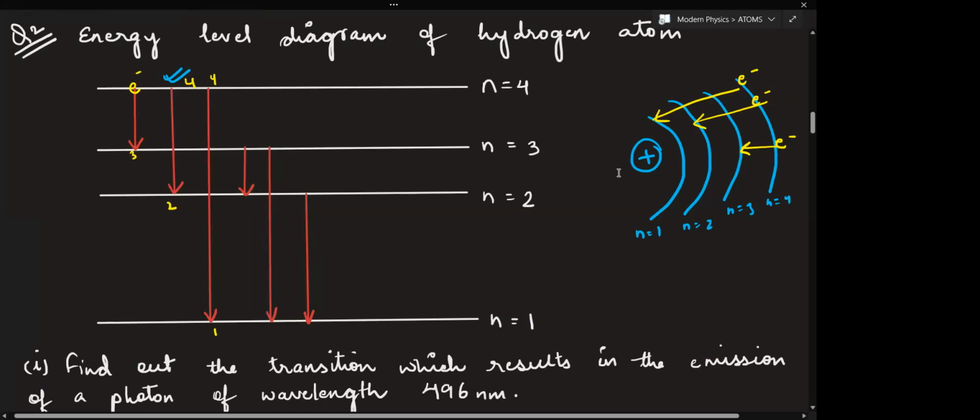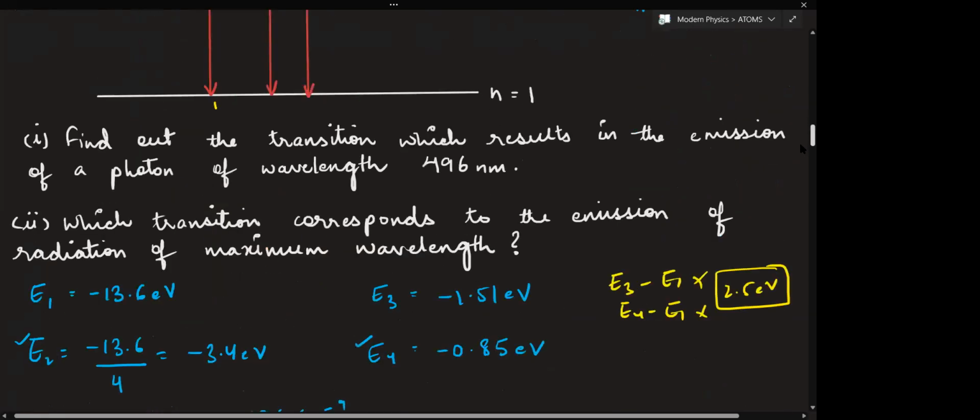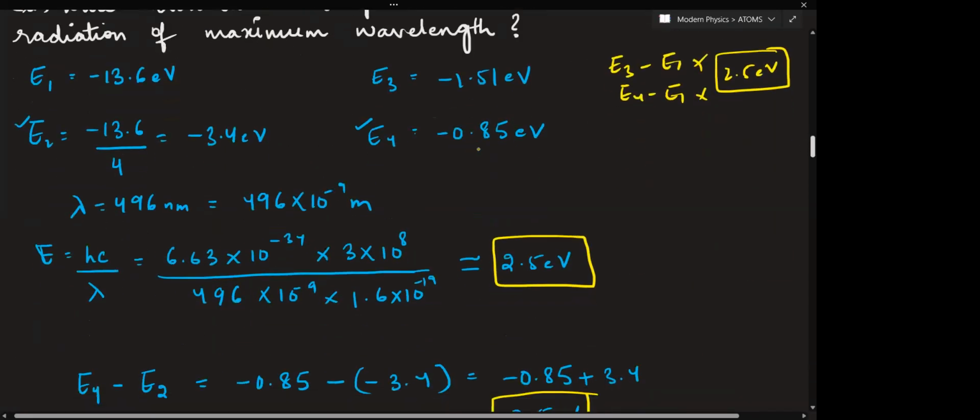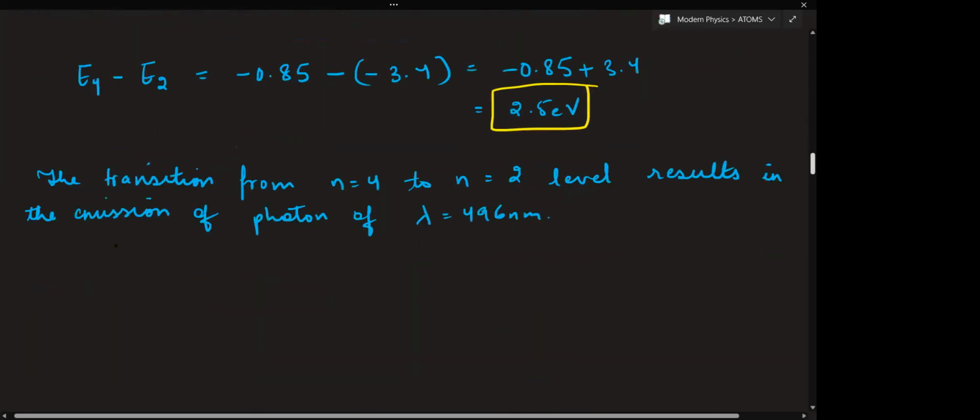If you look at the values of E4 and E3, when you subtract, you will get the minimum value, because this is maximum minus, and minus minus will become plus. So if energy is minimum, what happens to the wavelength? Maximum.